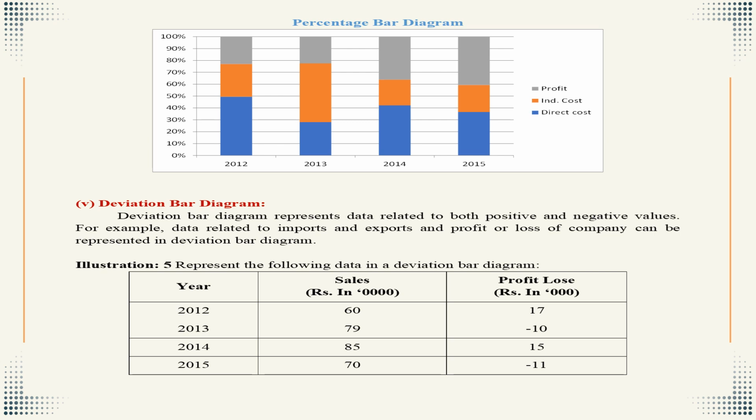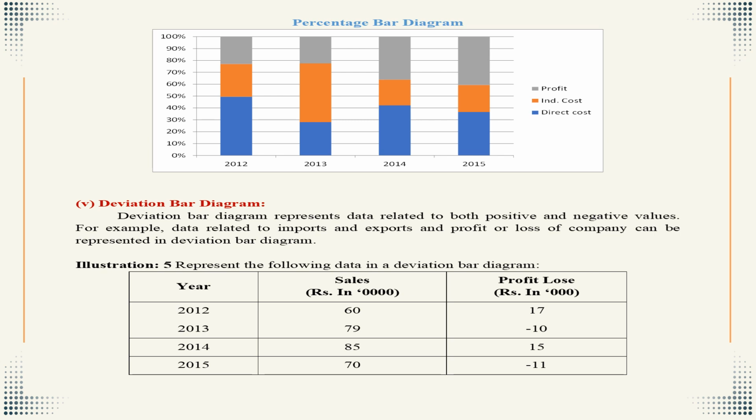One can identify that in 2012 the direct cost seems to be high. The proportional direct cost seems to be high. Here we have to take into account the proportion of the total sales. That means sales have different values, but they were converted to 100. Thereby, in that 100, how much portion is represented by different categories.